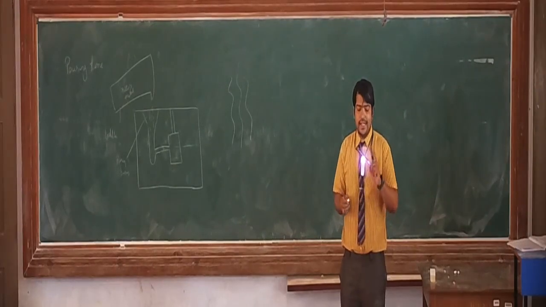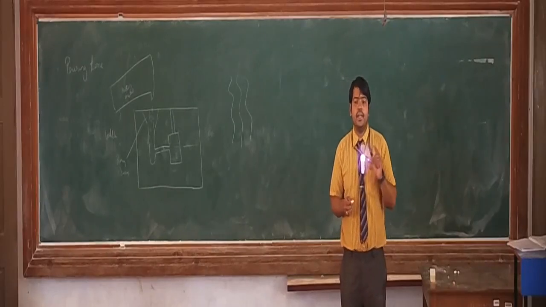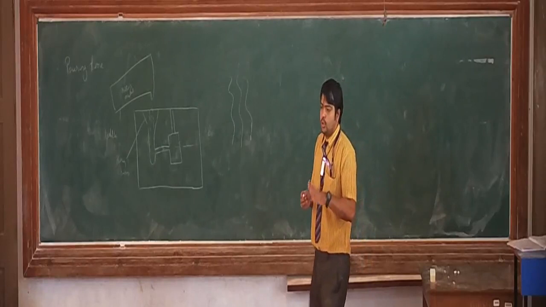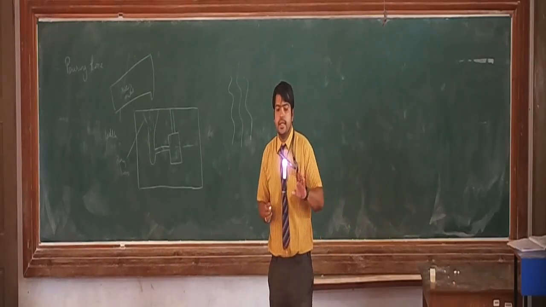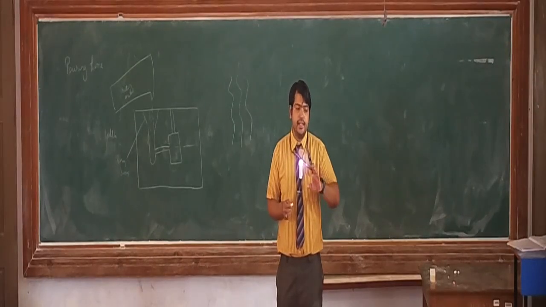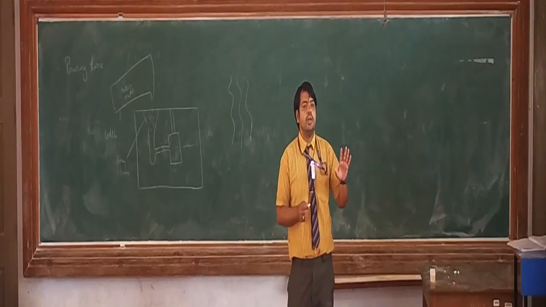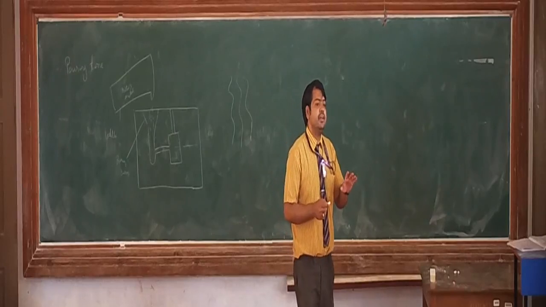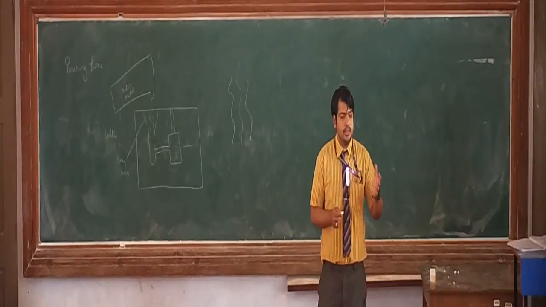So it is always seen that the pouring time has to be optimum. It should be neither too more nor too less. It should be the best time, within which we pour the molten metal such that it fills the entire mold cavity. There are different formulas for different metals.